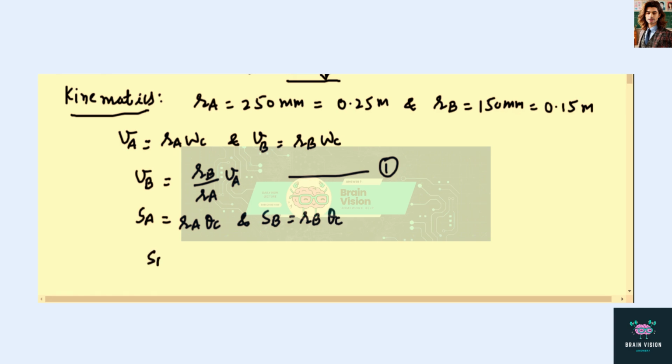So distance covered by B will be equal to Rb upon Ra into distance covered by A. So these are the two kinematic relations we have established.